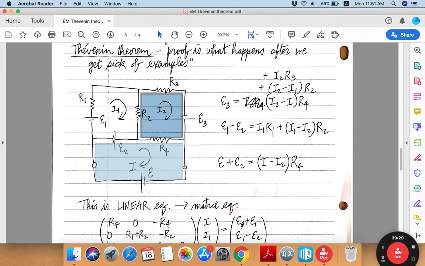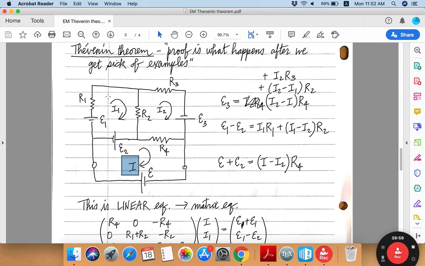And through each loop, I can assign a certain loop current. I call I1, I2, and this one I call I. So these are going to be the three unknowns that I want to solve, which means most likely I will end up with three different equations.